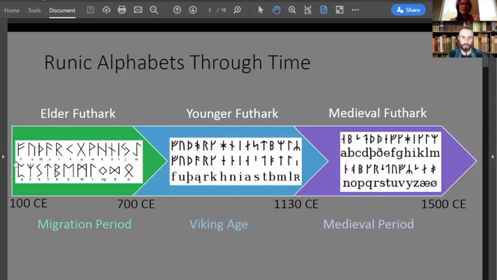What people have said is that, oh, well, this rune meant such and such, and then they start reading into it. And that's basically where that comes from.